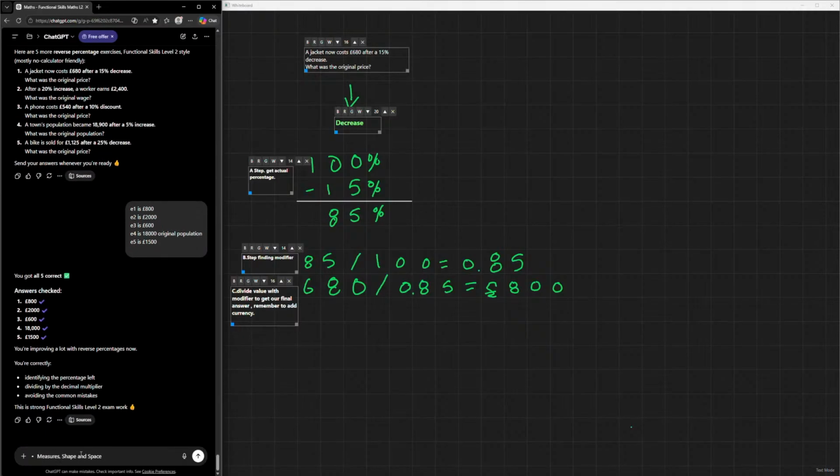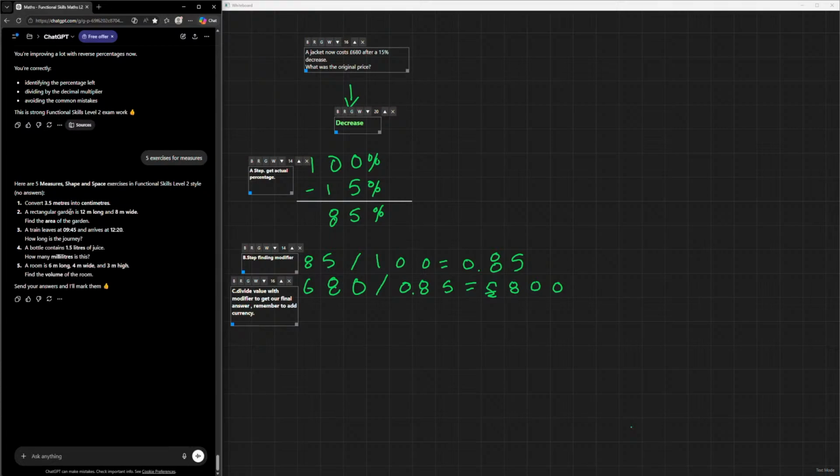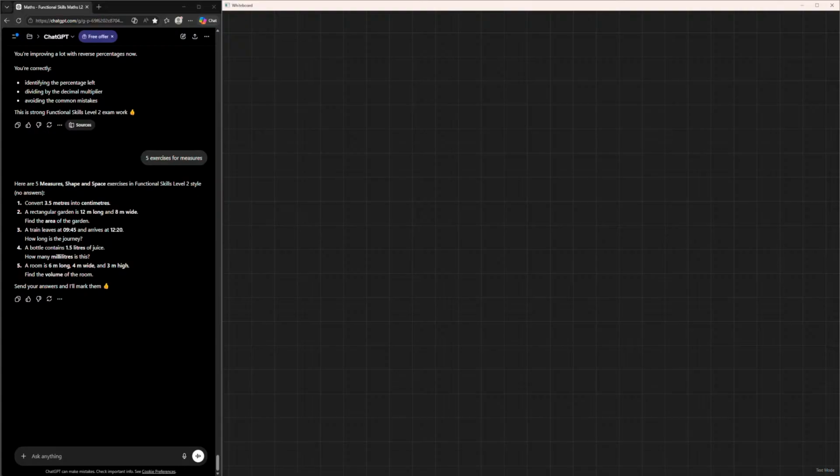Let's start with the measures. 5 exercises for measures. All right. Exercise 1.